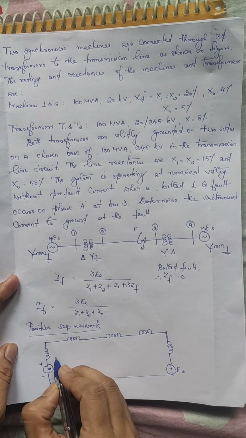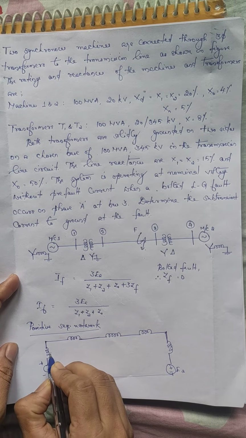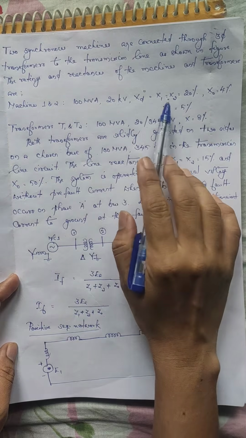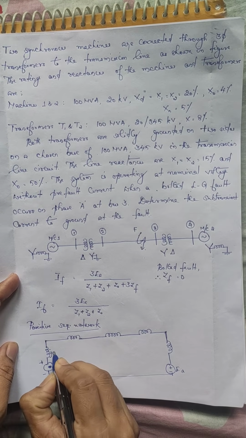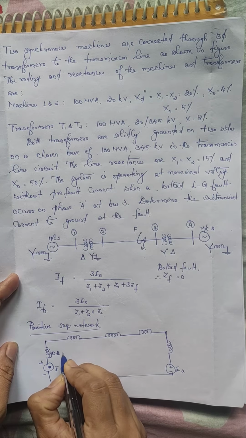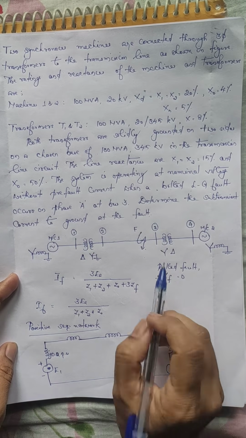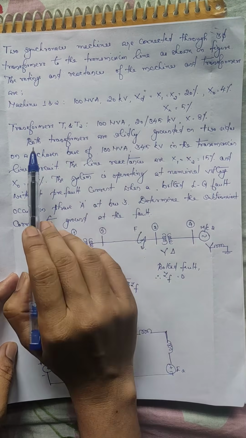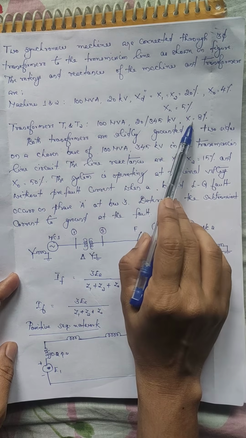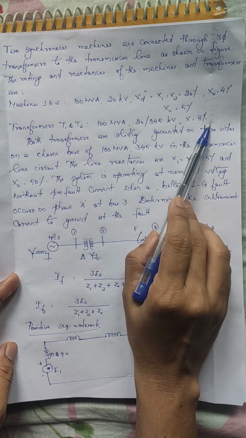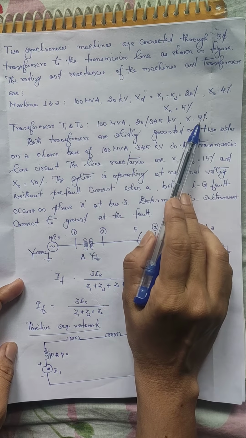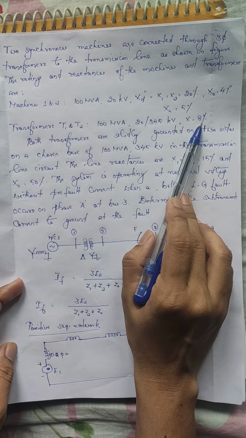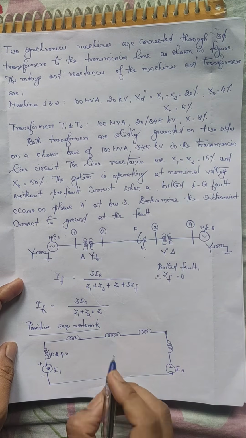So here we have to represent the positive sequence reactance of the generator, which is 20% or J 0.2 per unit. So next is a transformer. For the transformer, the reactance is given as 8%. That means all the sequence reactances X0, X1 and X2 are 8%.